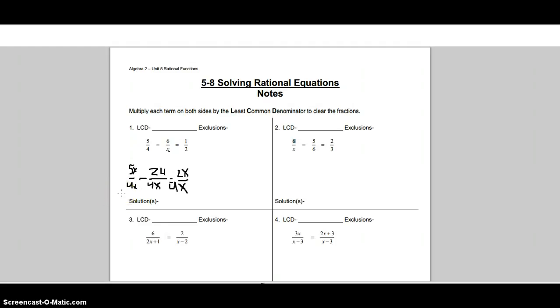Now we have the denominators all the same, so we can cancel that out. And so now the equation is 5x minus 24 equals 2x.